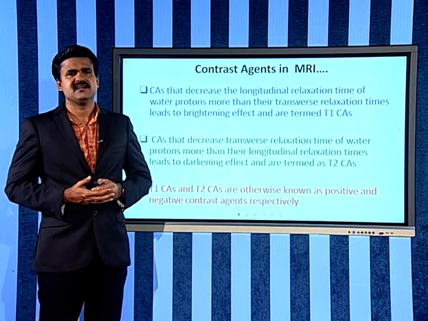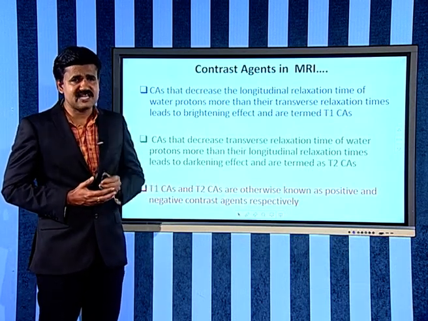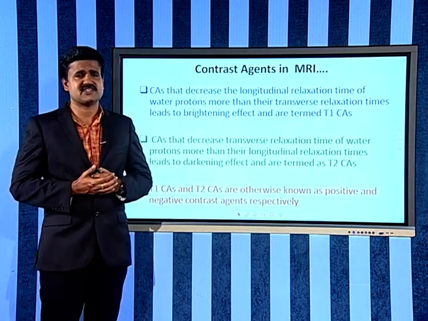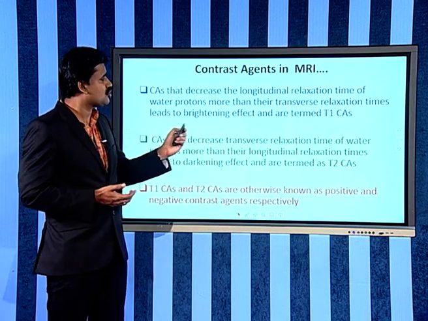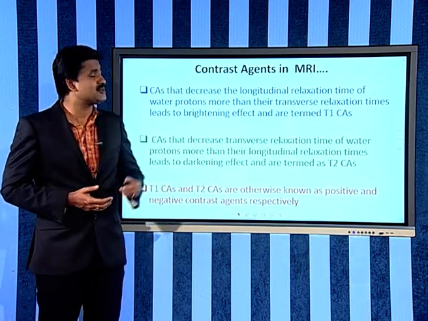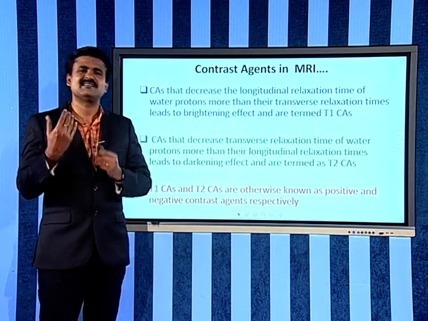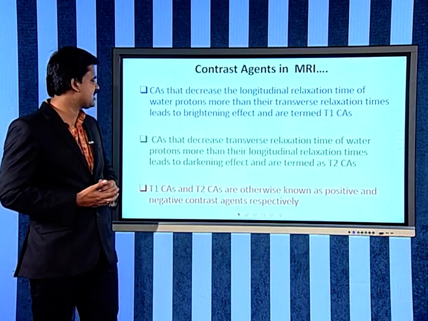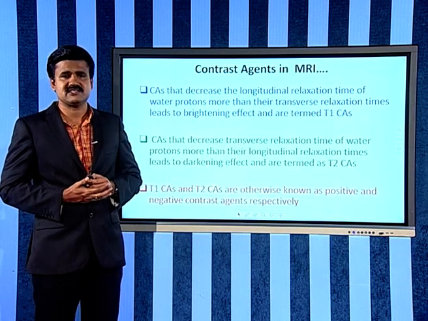Contrast agents that decrease the longitudinal relaxation time of water protons more than their transverse relaxation time lead to a brightening effect. Those contrast agents are denoted as T1 contrast agents. Some other contrast agents decrease the transverse relaxation time of water protons more than their longitudinal relaxation time.